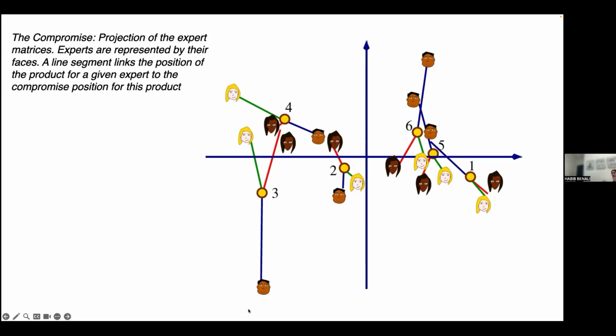So what we have here is, within the same representation, the representation of the experts and how those experts are related to the different products.